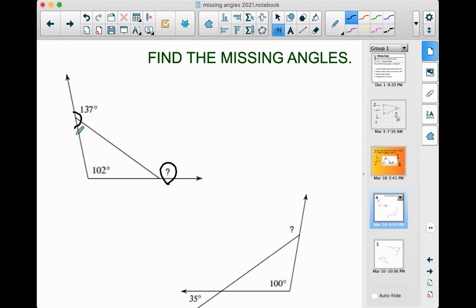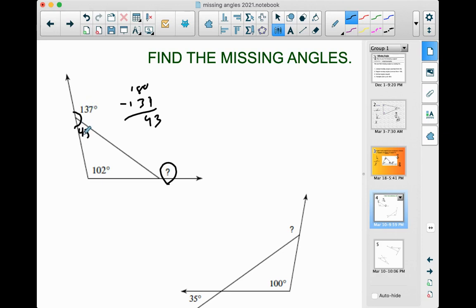So I have a straight line that's kind of broken up with an angle, but it tells me what one of the angles is. So that tells me that I can figure out what this angle is also. Because if these add up to 180 and that's 137, I can just subtract that and I get 43. Okay, so that's not what I'm looking for ultimately, but that's going to get me a step closer.